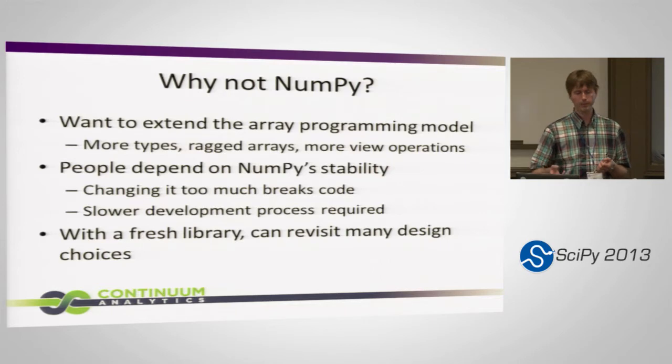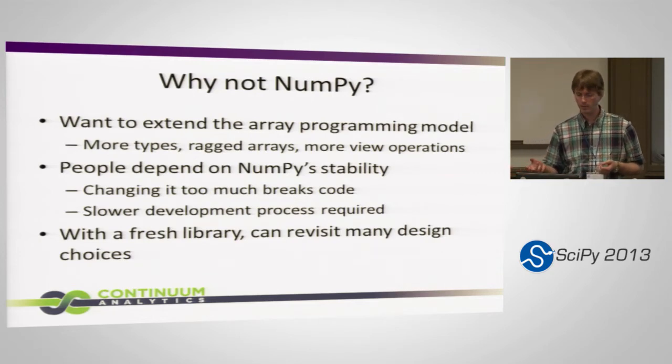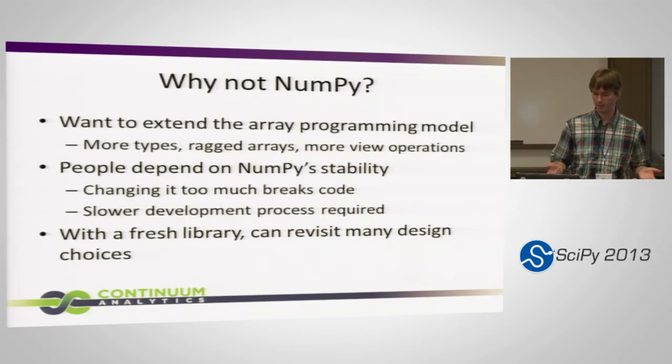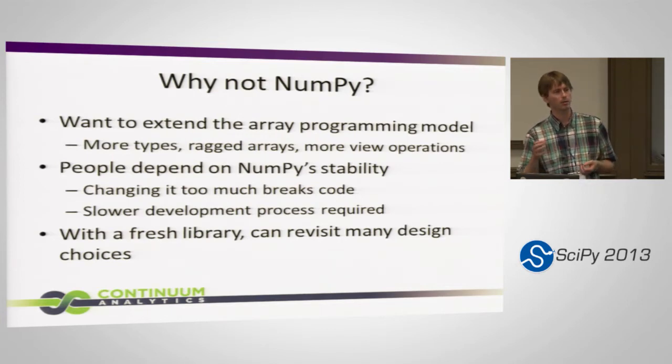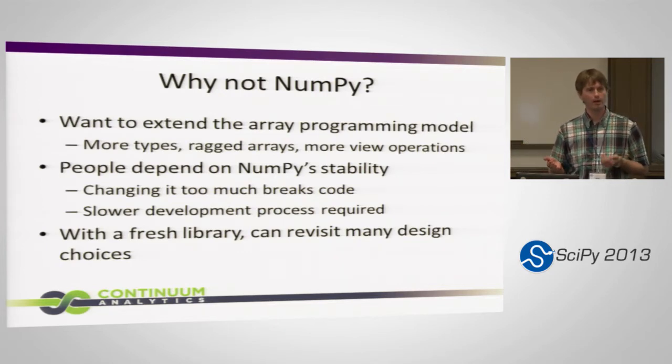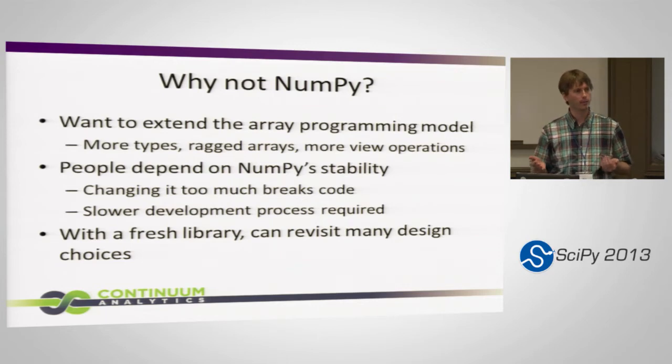But people depend on NumPy being stable. There's code that they've written that they've been using for years. If we were to change NumPy too much, a lot of code will break. That's not a good thing. And what that means is that if we're actively developing within NumPy, we have to develop more slowly and be careful, with careful alpha and beta periods for every release to give people sufficient time to test their stuff and bring it in.